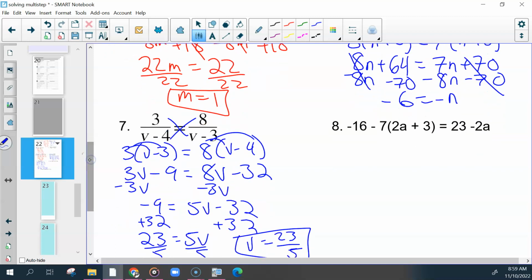So what would we divide to get n by itself? If you had done it the other way, you would already end up with a positive, so you wouldn't need to do this process. 6, not 1. Any questions on that one?